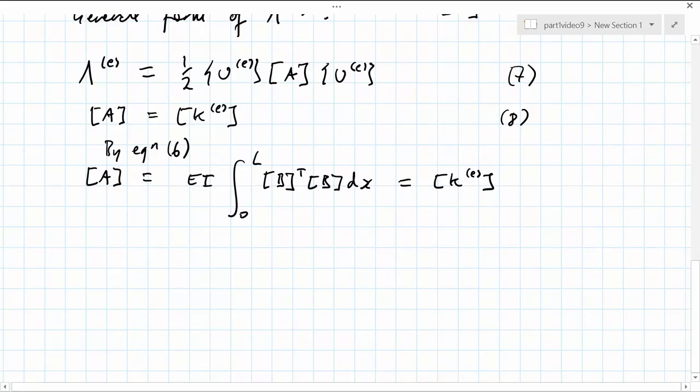Generally, this is evaluated by numerical integration, but in this course we can perform analytical integration because the expressions for B are quite simple.